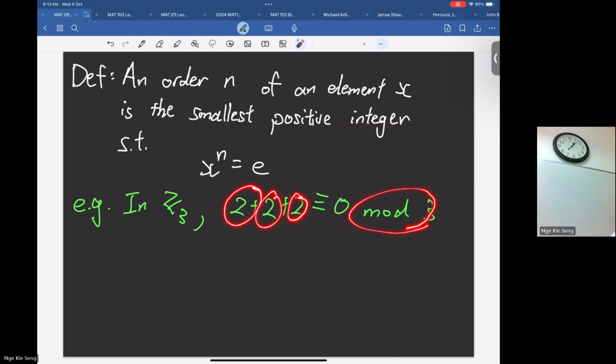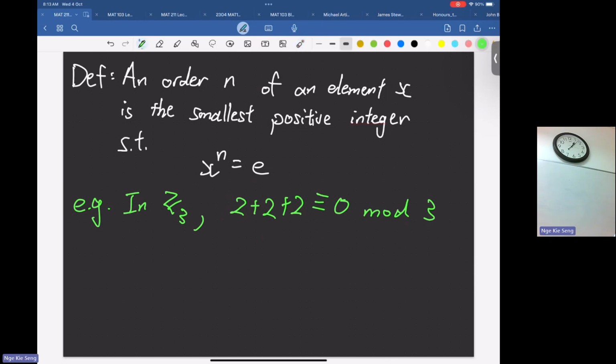Okay? Why not 2 or 1? Because when you add once, it's not 0 yet. Add twice, it's also not 0 yet. So this is the smallest positive integer such that adding 2 three times gives the identity.